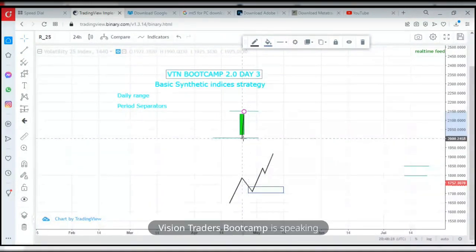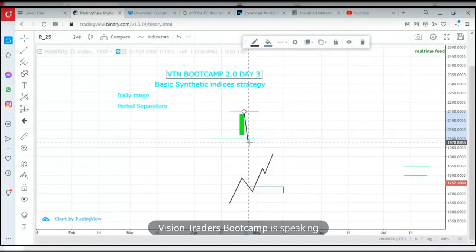So below this daily candle range, I'll look for a change of market character, or market break of structure, from a lower time frame. When I get that market break of structure from a lower time frame, then I can take that break of structure and get my quick 1 to 3 or 1 to 5.